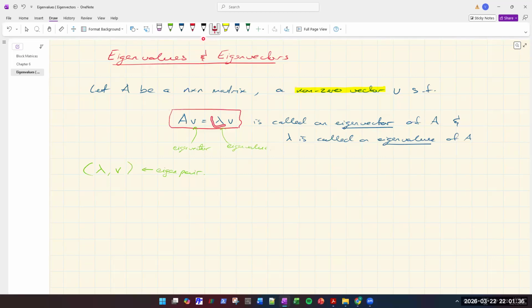Now, maybe lambda could be negative, which means that the vector just switches direction and is scaled by the magnitude of lambda. This lambda could also be a complex number, so eigenvalues could be complex numbers as well.